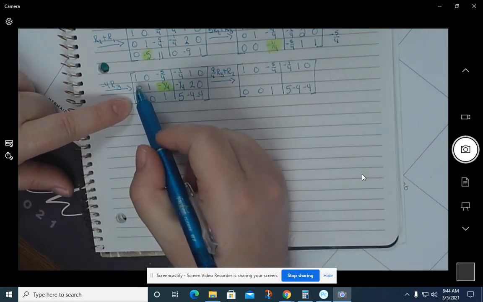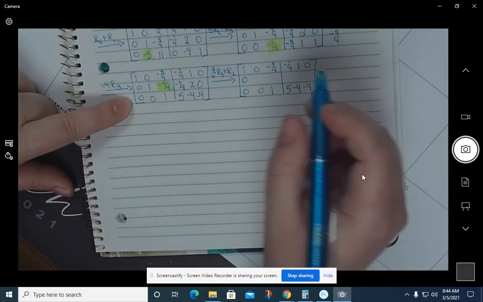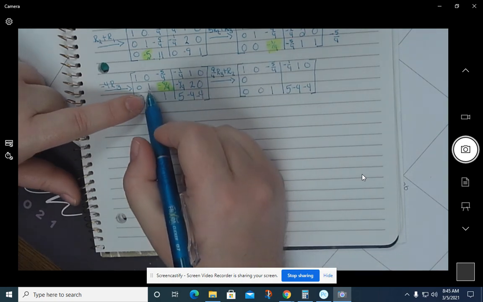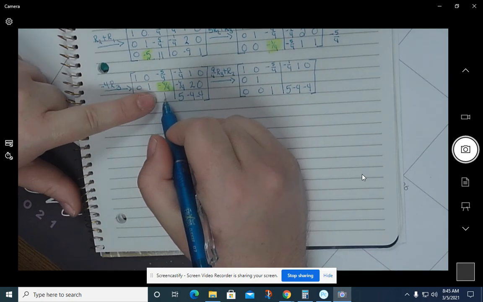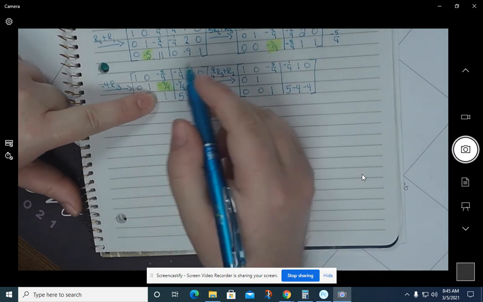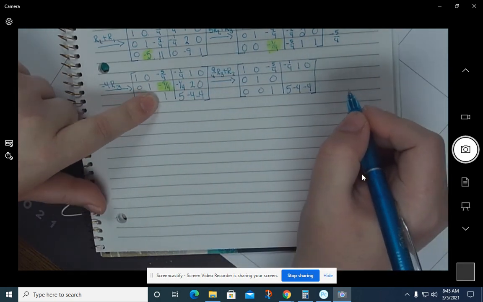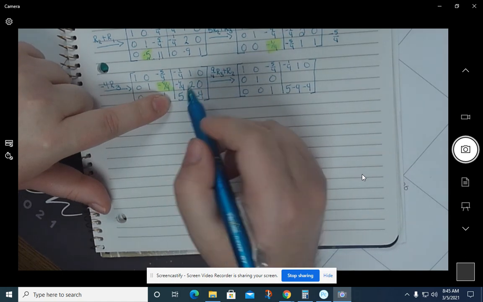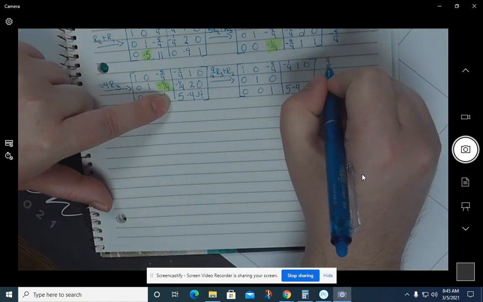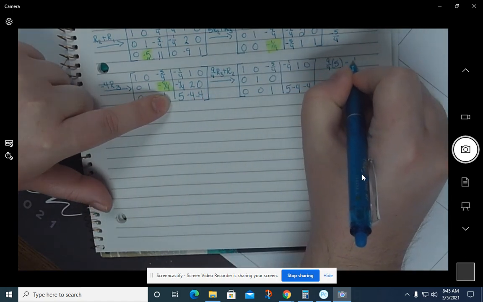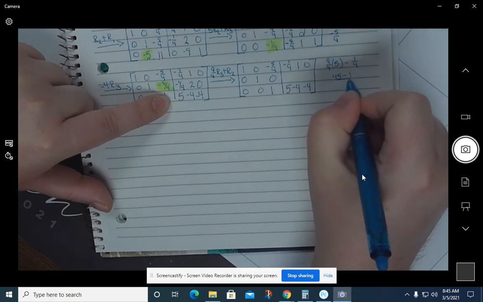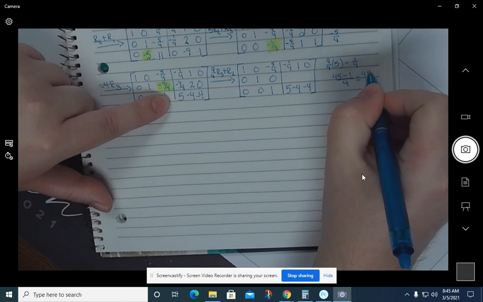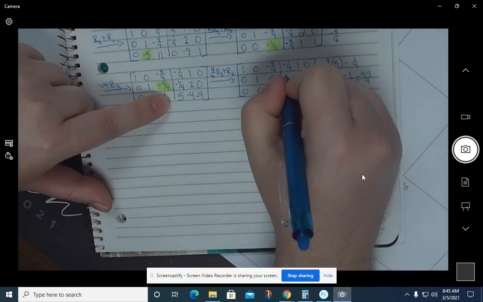Anything times 0 is 0, plus 0 is 0. Anything times 0 is 0, plus 1 is 1. 9/4 times 1 is 9/4, minus 9/4 is 0. Then I've got 9/4 times 5 minus 1/4. Well, that's 45 minus 1 over 4, which is 44 over 4.